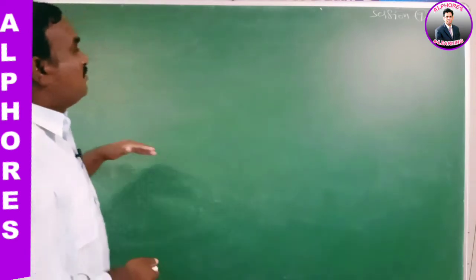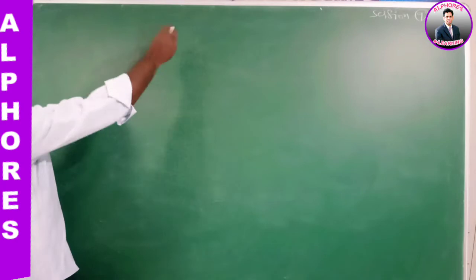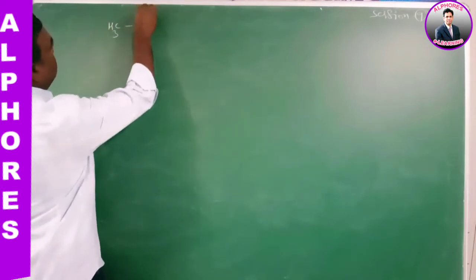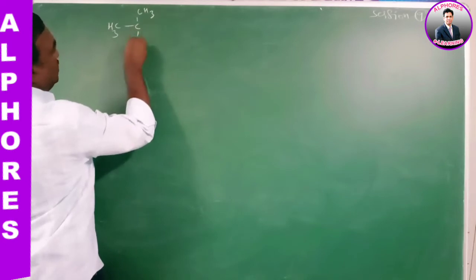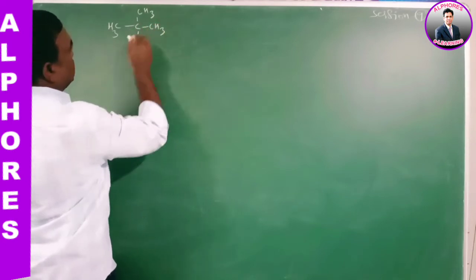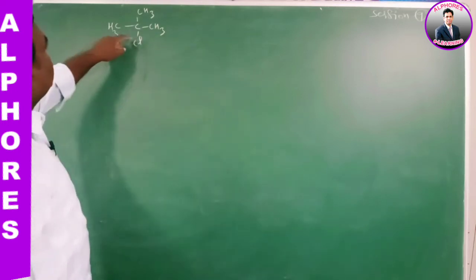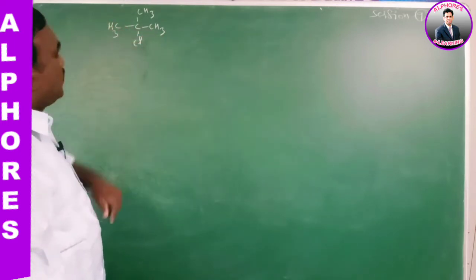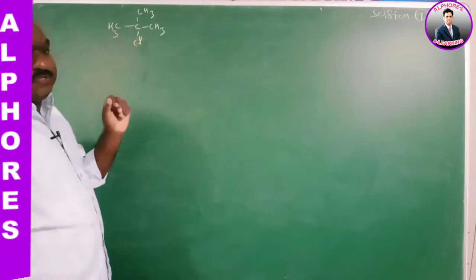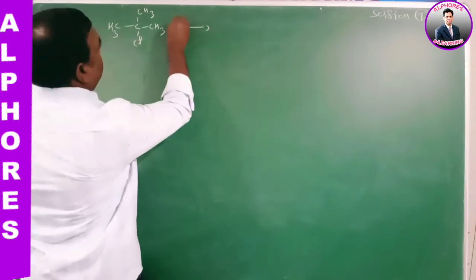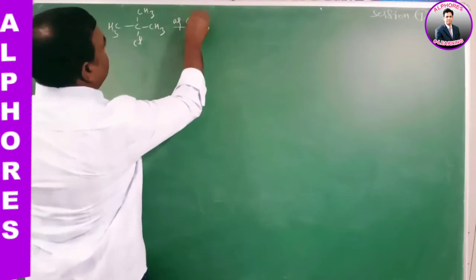For example, the given compound has CH3, H, CH3, CH3. So it is the 2-chloro-2-methylpropane compound, which reacts with aqueous NaOH.